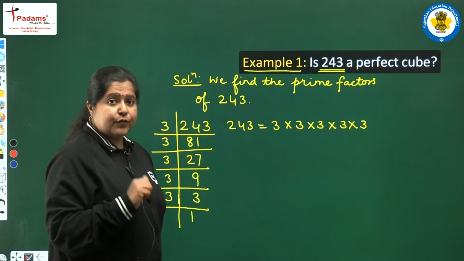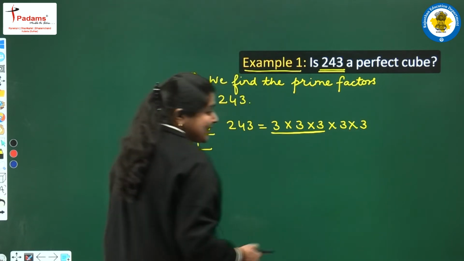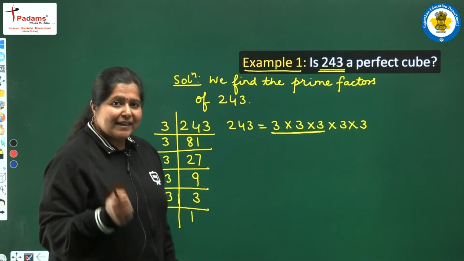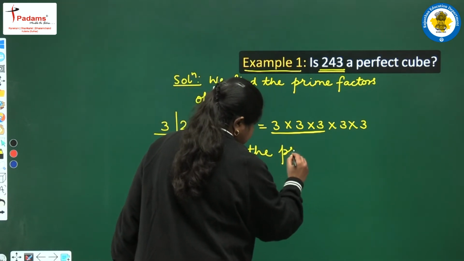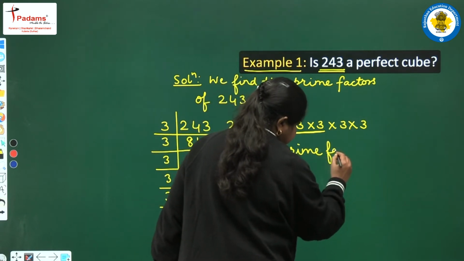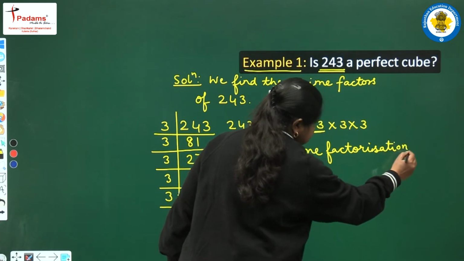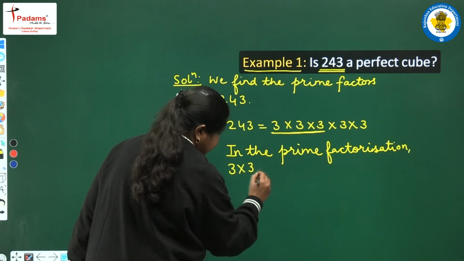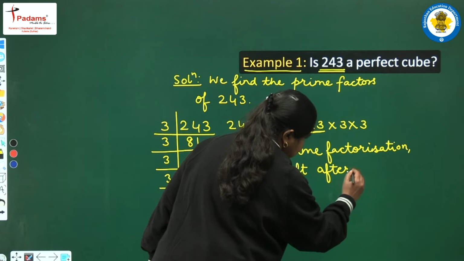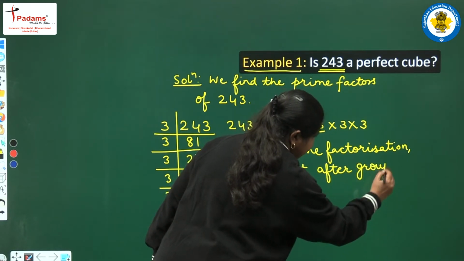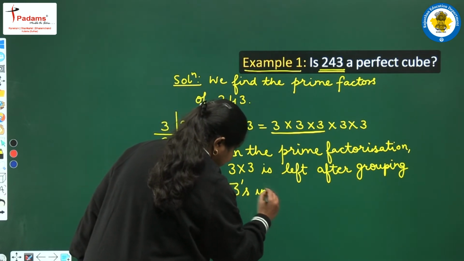Now let us try to form the triplets. We got one triplet here. But what about this? This is not forming a triplet, and we write here in the prime factorization: 3 into 3 is left after grouping 3's in triplets.